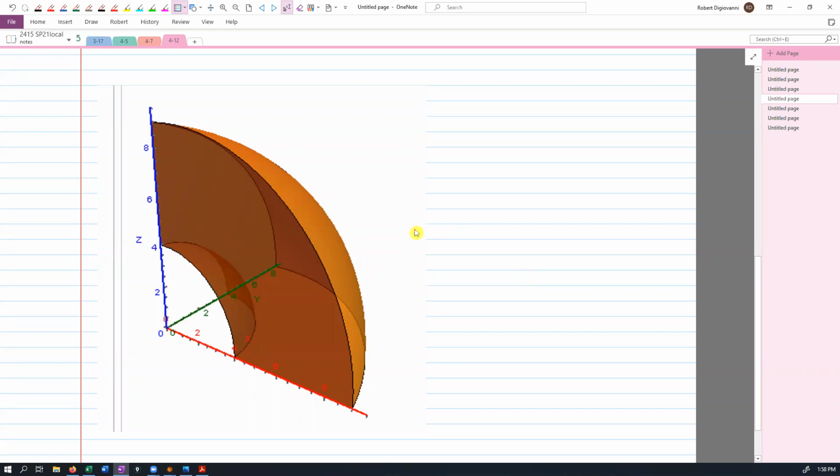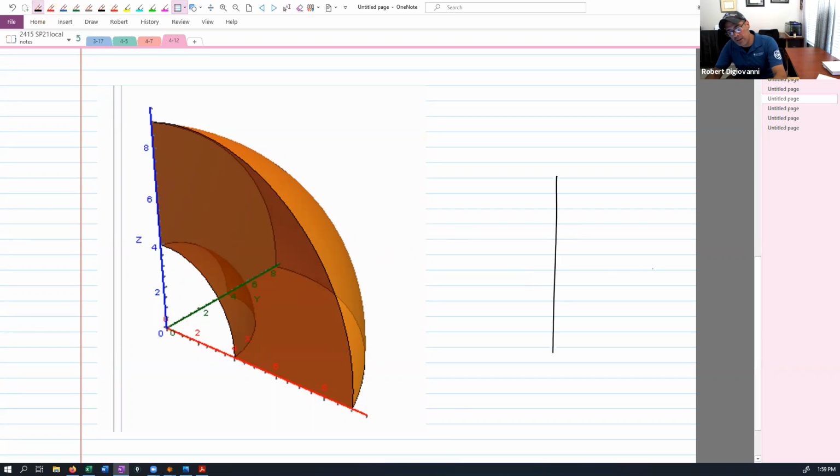It'd be messy, but you can do it. And we might be able to, but you have to be careful, because if we did Cartesian, we'd be looking at the ground, the XY plane, and we'd be trying to figure out what the region on the ground looks like. And that's a problem, because we actually have this, but that's not the region on the ground, because that's just this outer edge.